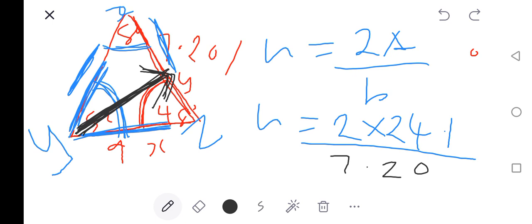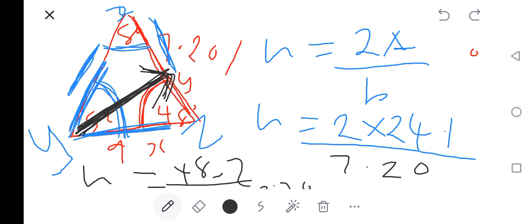So it's 7.20. On top, what are you getting? If you multiply 2 times 24.1, you're going to get 48.2. Can you divide that by 7.20?